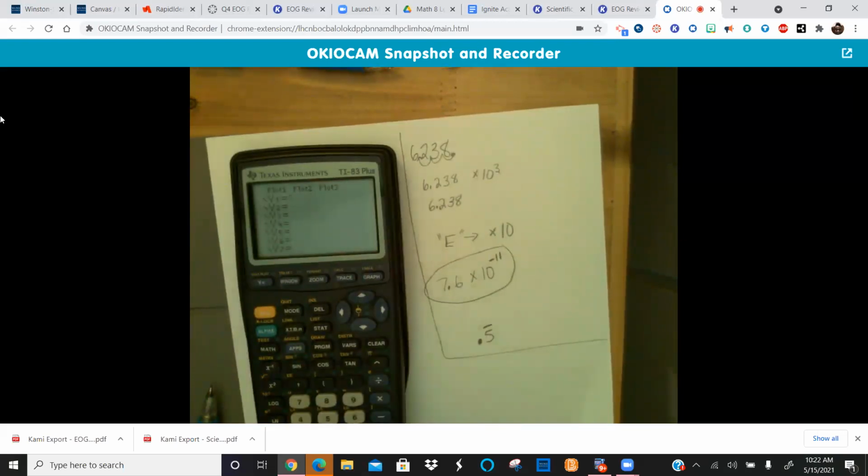So this is 2 down here. Your X button is right beside the green alpha button. This is X, that's 2X. Then we have plus 4. You good with that? Yes, ma'am. All right, and so now to graph it, you just press the graph button here.